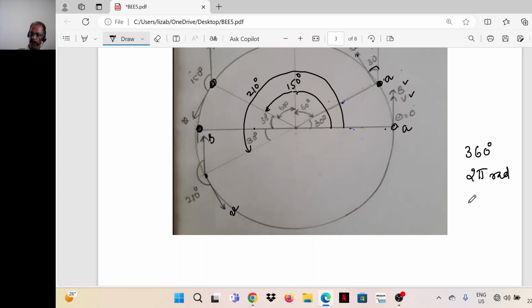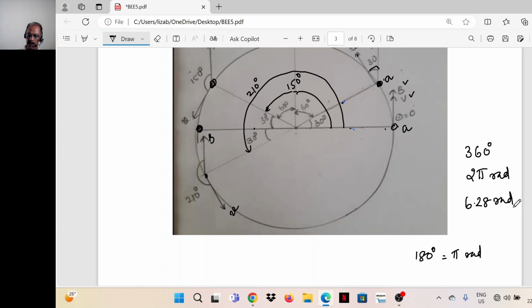So 2 pi means 6.28 radians. That is the angular displacement in one revolution. Normally we use the conversion 180 degrees equals pi radians, so 360 degrees is 2 pi radians, or 3.14 into 2, 6.28 radians.